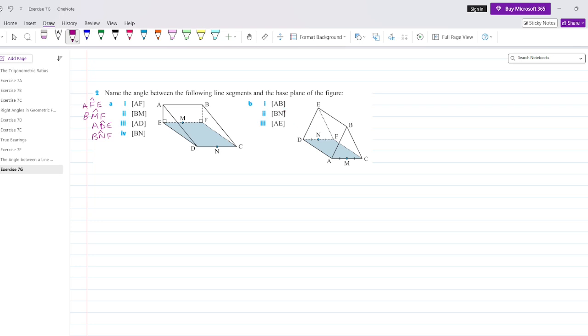Now, in this figure, AB is this line, its projection is going to be AM. So, the angle is going to be BAM. BN is this line, its projection is going to be MN. So the angle is going to be PNM.